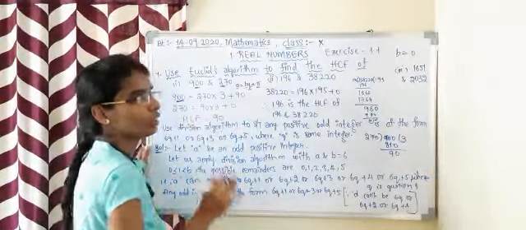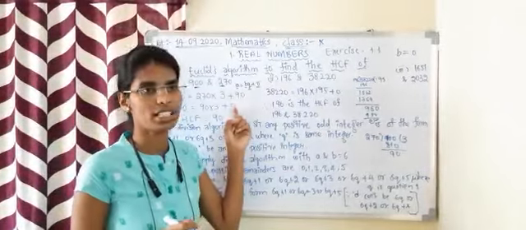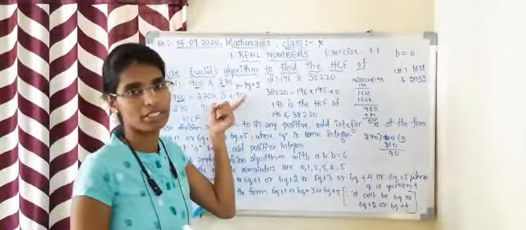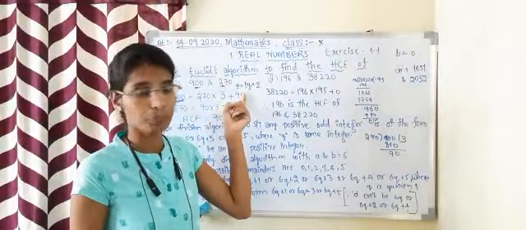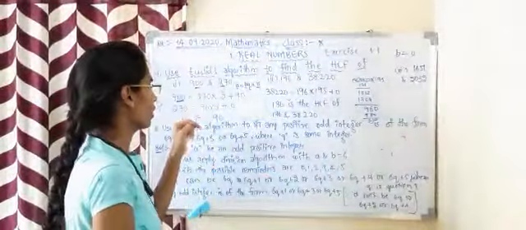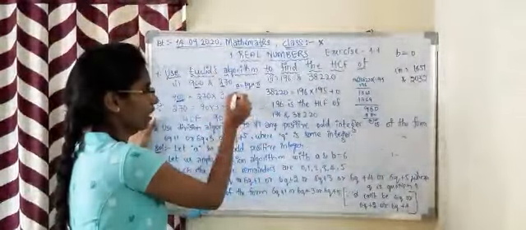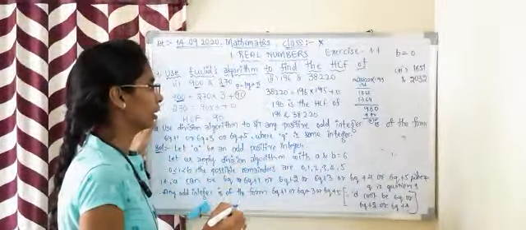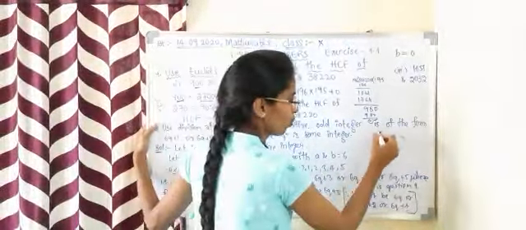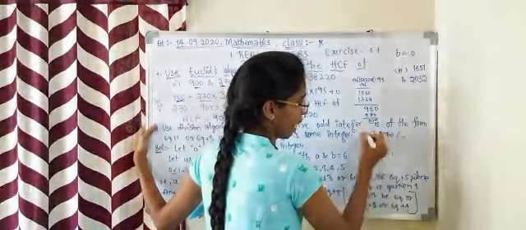According to our process, we have to get the remainder 0 to find the HCF. Here we got the remainder as 90, so we cannot end it here. What we have to do is consider 270 as A and 90 as B. That means 270 is divided by 90.